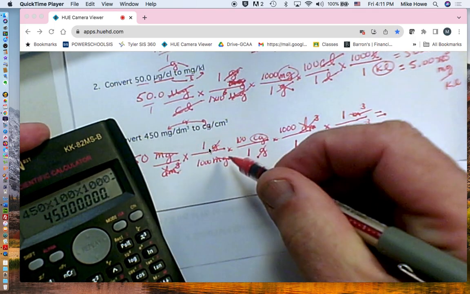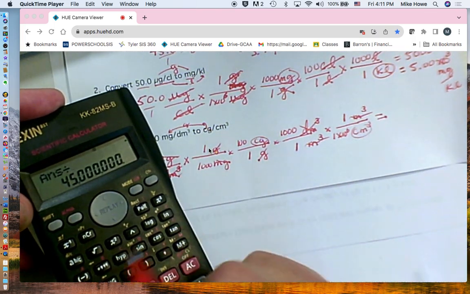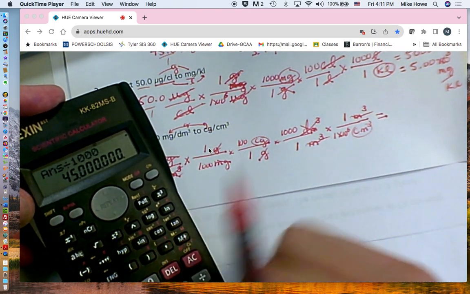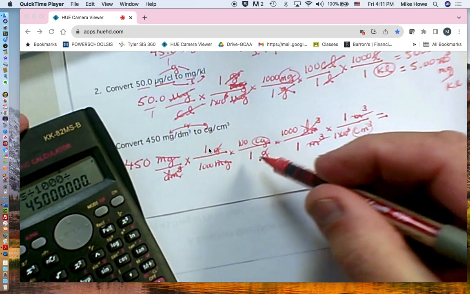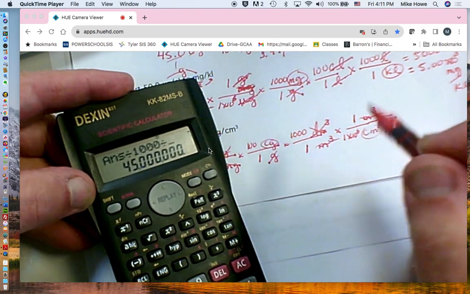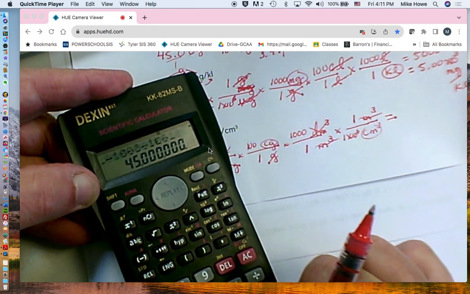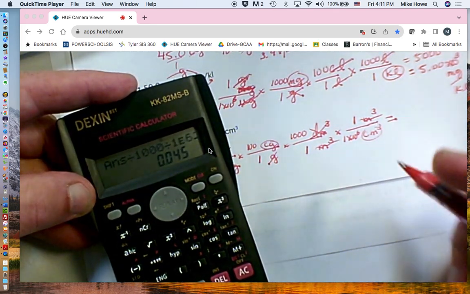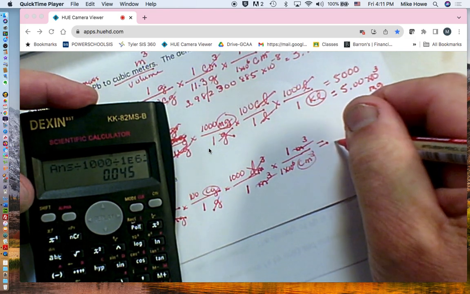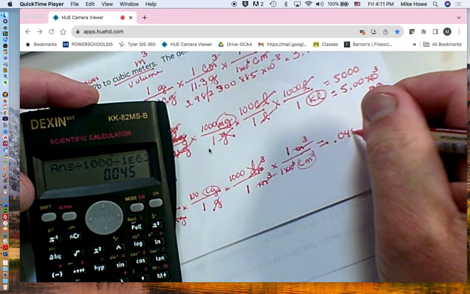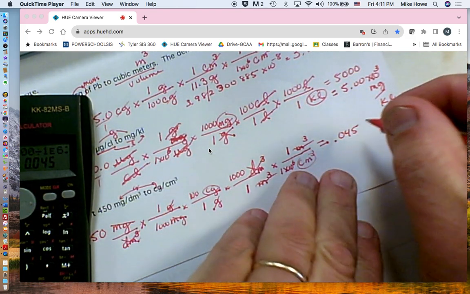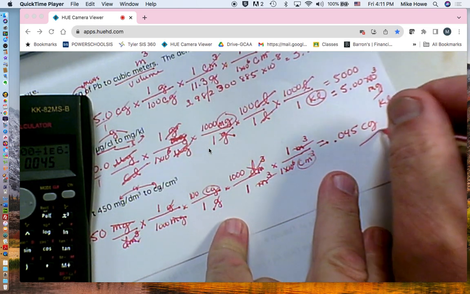Then I divide by 1,000 because that's on the bottom. Divide by everything you see on the bottom. And then it's 1, 1. And that's really, then 1,000,000 is the only other number. So divide again by 1,000,000. Answer, 0.045. And the unit is centigrams per cubic meter.